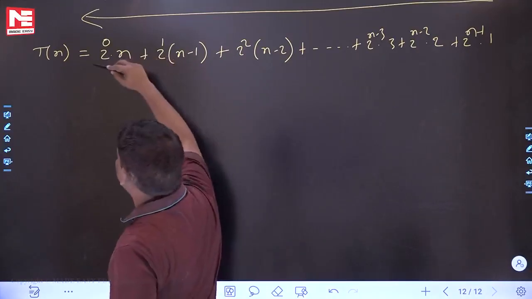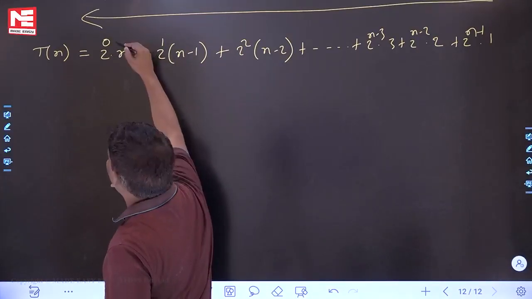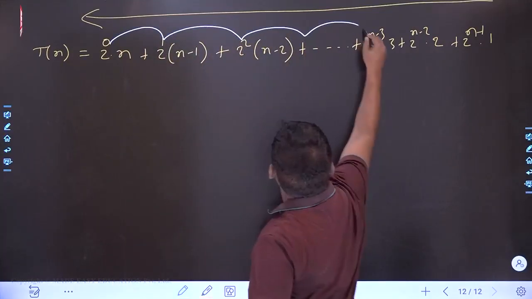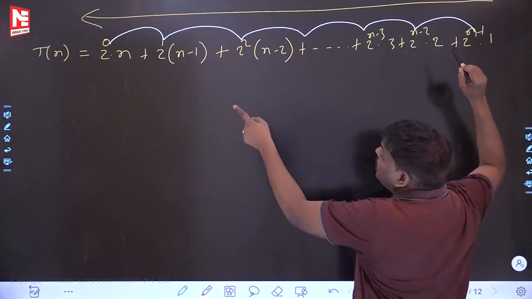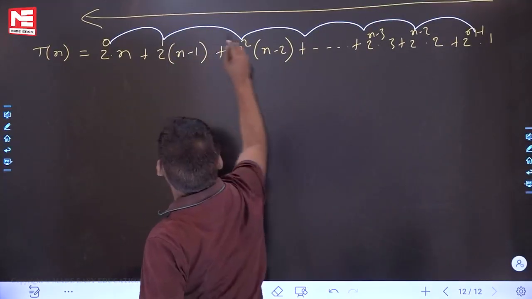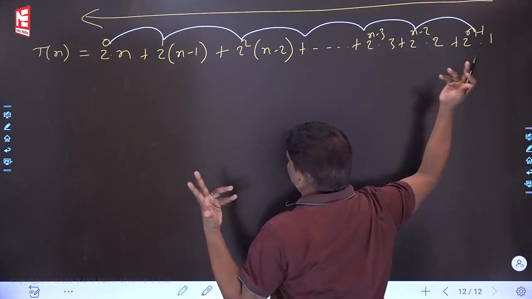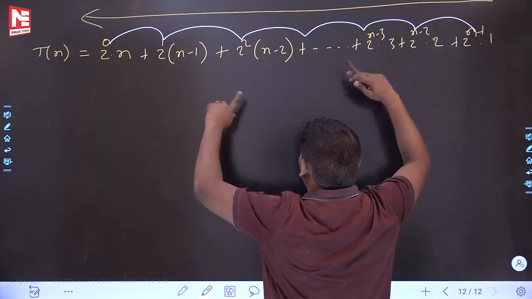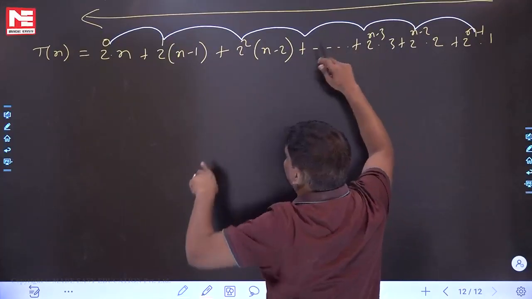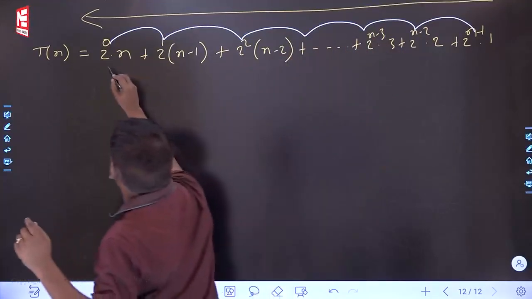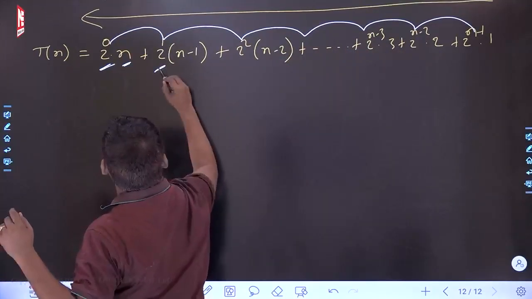Let's see this series. If you observe clearly, see this one, 2 power 0, 2 power 1, 2 square, 2 cube, like that. If you observe clearly, every term contains 2 parts.